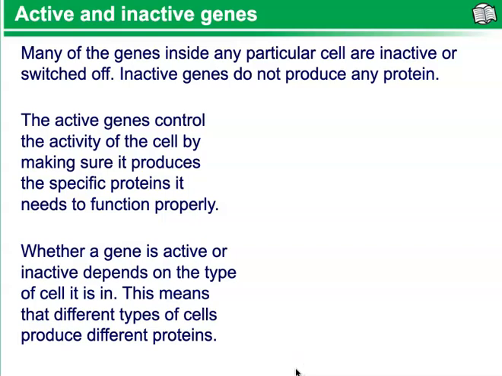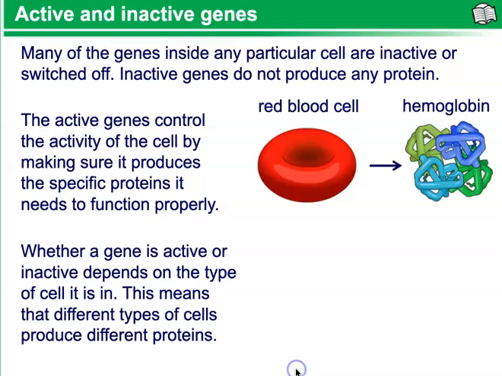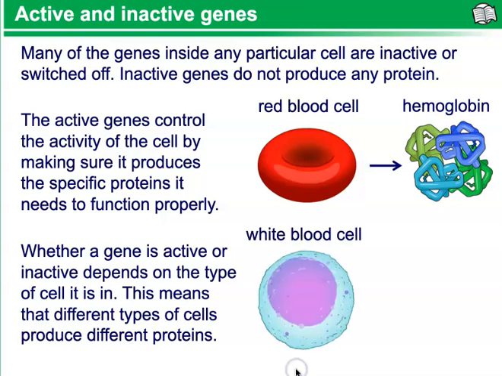Whether a gene is active or inactive depends on the type of cell it is in. This means that different types of cells produce different proteins. For example, red blood cells produce the protein hemoglobin. White blood cells produce antibodies.